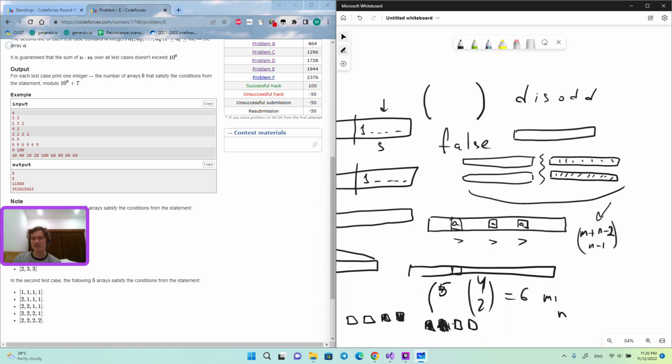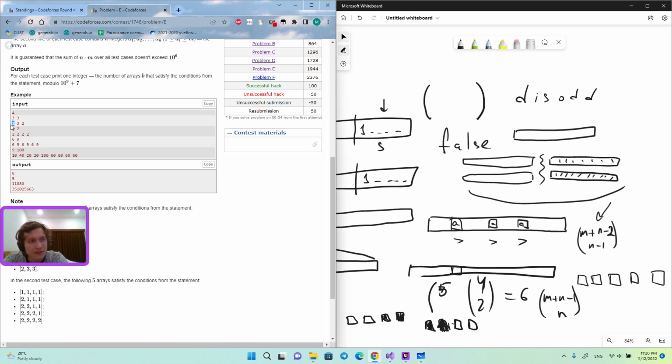So it should be m plus n minus 1 over n. So I need to choose 3 objects out of these 5 objects. But when I choose this number, it shouldn't be strictly less than this number.